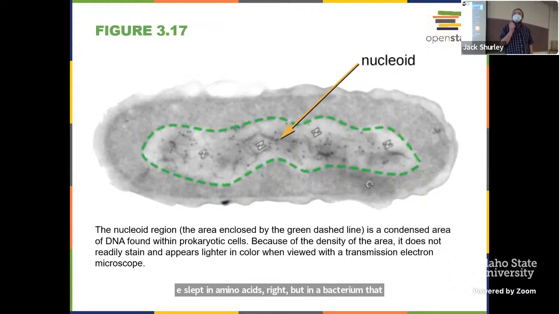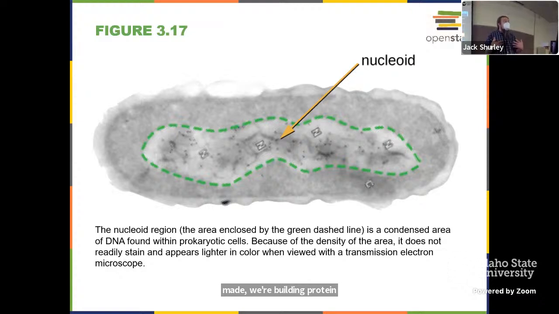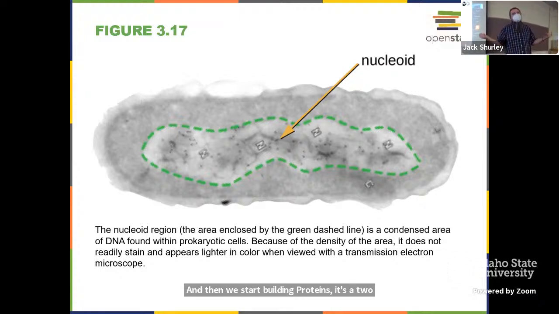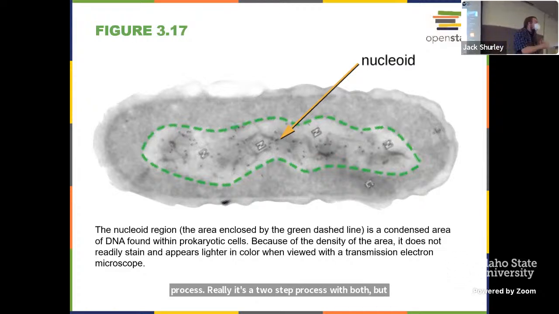From almost the second messenger RNA is getting made, we're building proteins. And in our bodies, that doesn't happen like that. We build the messenger RNA in the nucleus, it gets modified and then shipped out of the nucleus, and then we start building proteins. It's a two-step process. Really, it's a two-step process with both. But in bacteria, both of those steps can happen virtually simultaneously, all right?